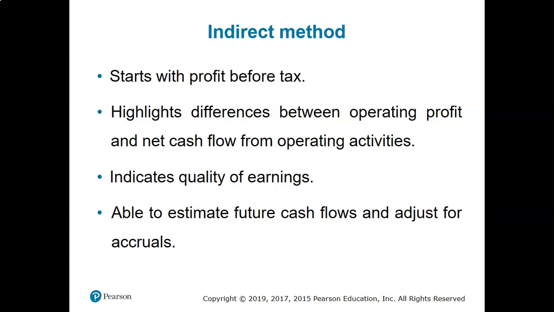So if we want to calculate cash amount from profit, we have to adjust the transactions. We have to adjust the accruals, right? We have to identify what transactions actually impacted our profit and our cash positions. So we have to adjust those things.